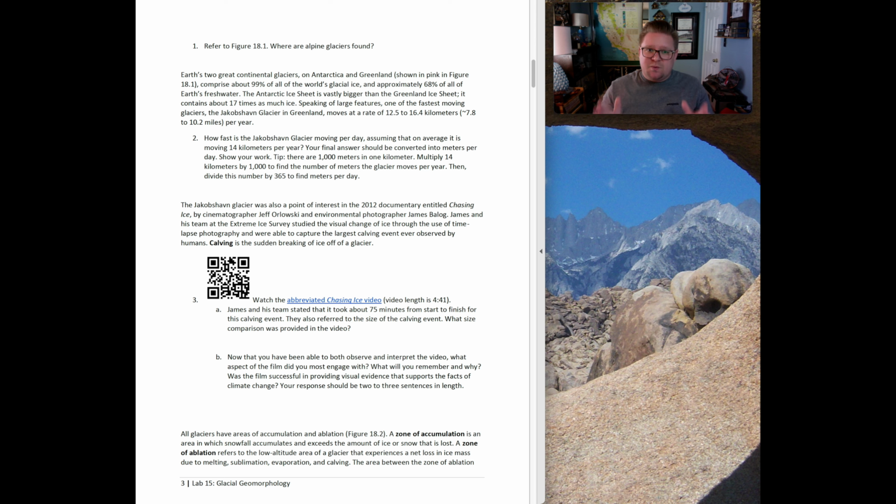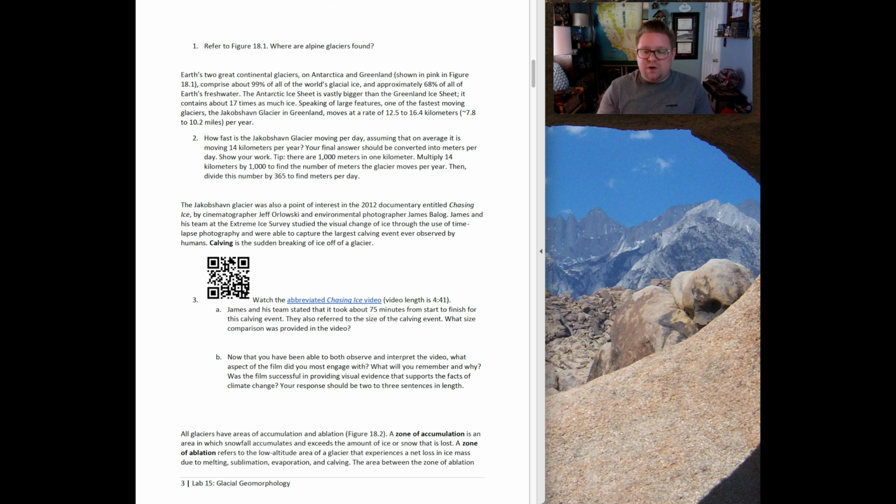It moves at a rate of about 12.8 to 16.4 kilometers per year. Question 2 is asking you to do a little bit of math. Utilizing an average rate of 14 kilometers per year, how fast is it moving per day? Once you solve that, you'll move on and learn a little more about it.